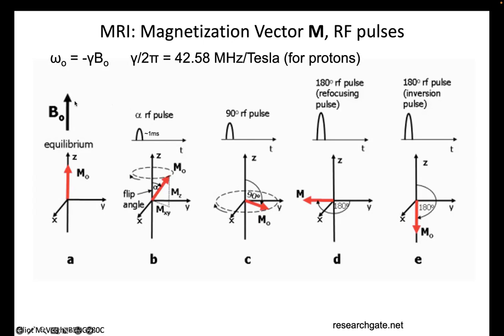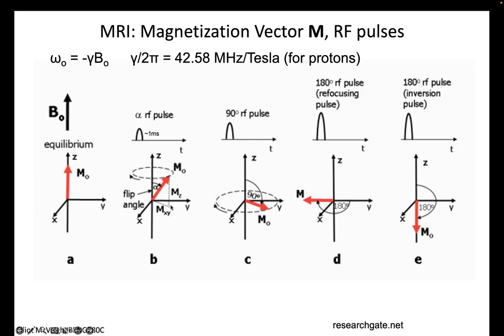If we pulse a radio frequency pulse around that sample, what we can do is we can, in fact, rotate the magnetization vector away from the Z direction, such that it is now not pointed in the Z direction, but it has some component in the XY plane, okay?